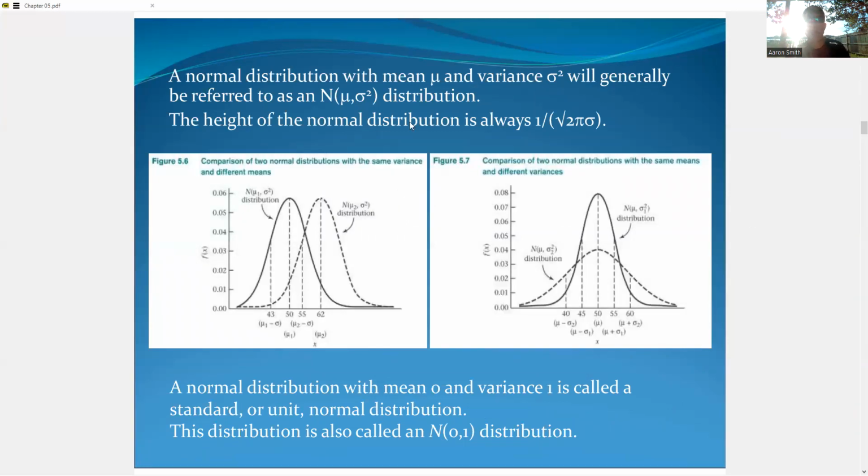A normal distribution with mean mu and variance sigma squared will generally be referred to as N(mu, sigma squared). The height of the normal curve is always 1 over the square root of 2 pi sigma.